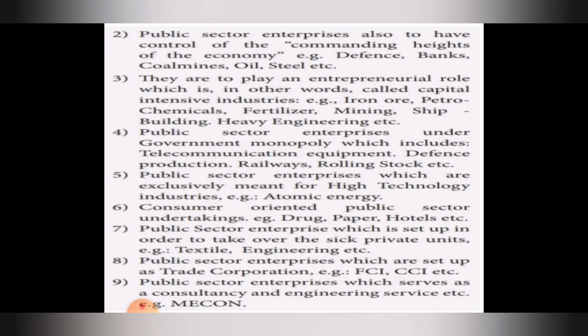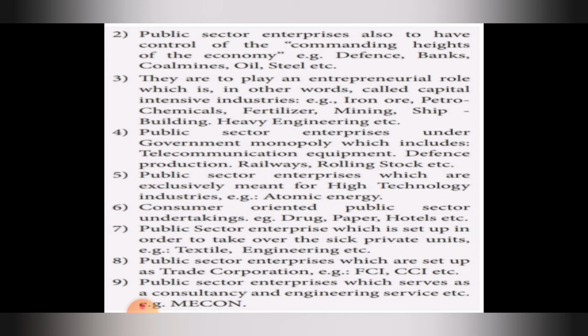Fifth, public sector enterprises exclusively meant for high technology industries. Example, atomic energy. Sixth, consumer oriented public sector undertakings. Example, drugs, paper, hotels, etc. Seventh, public sector enterprises set up in order to take over sick private units.